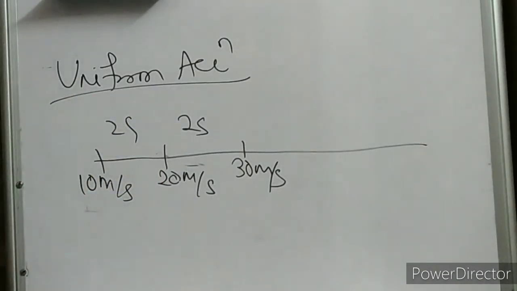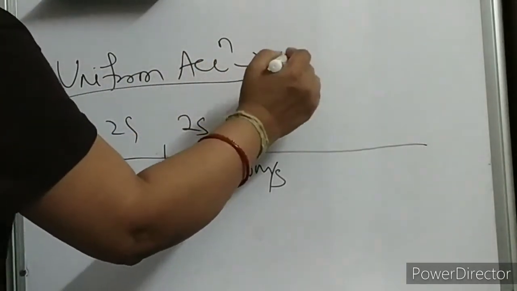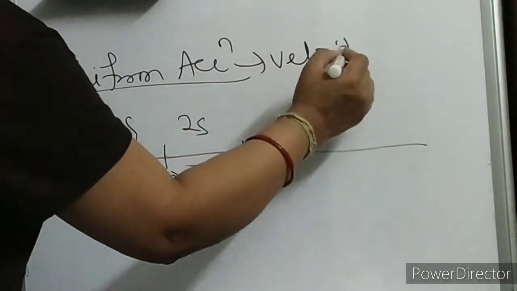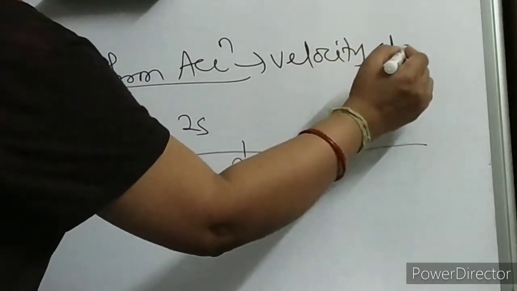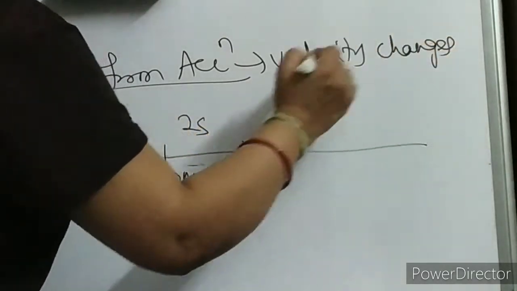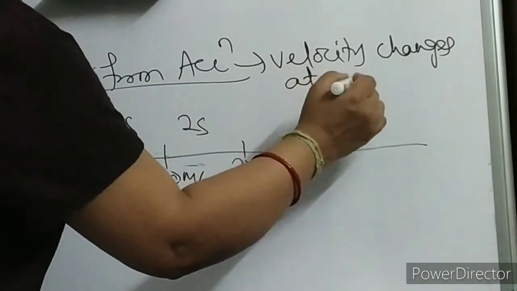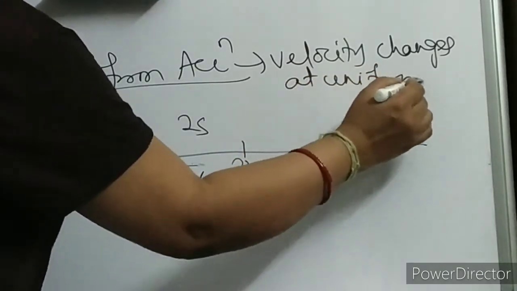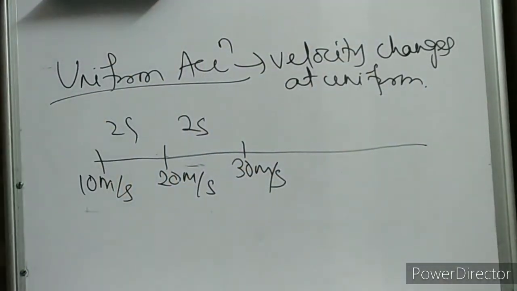Then this body will have a uniform acceleration. That means if velocity changes at a uniform rate, then it is called uniform acceleration.